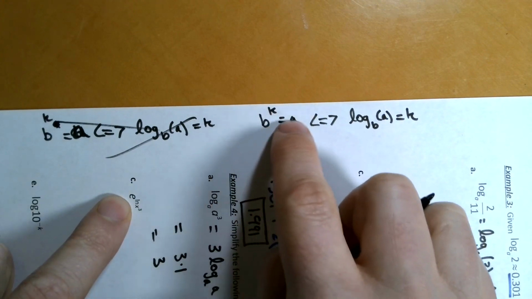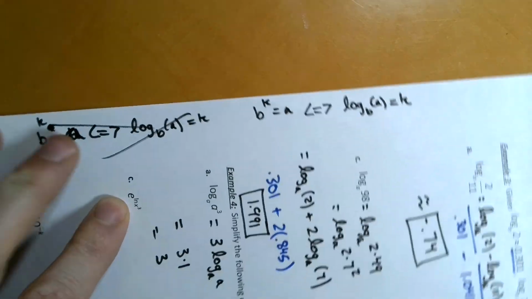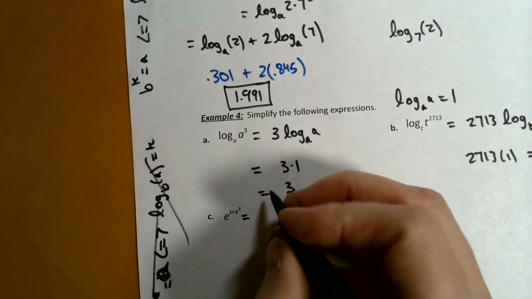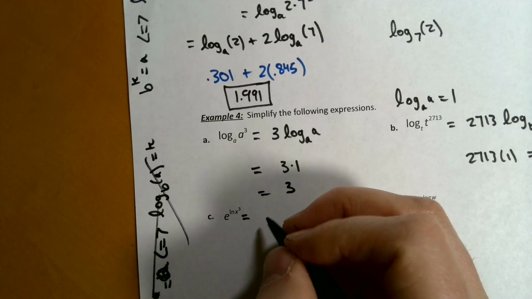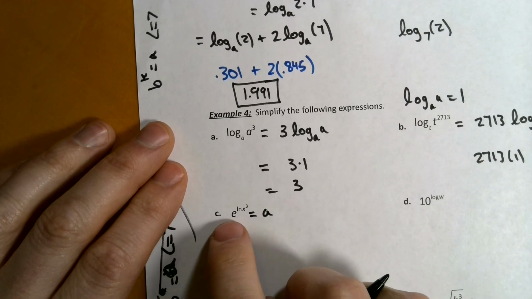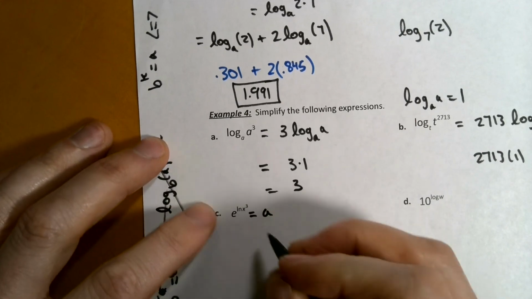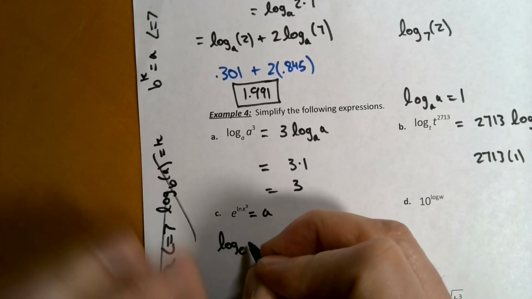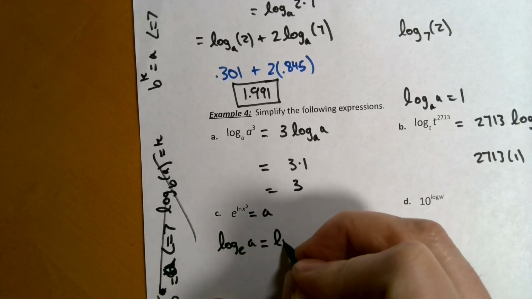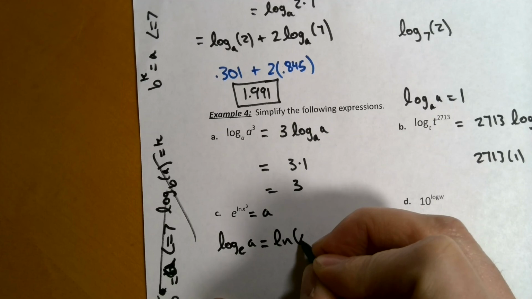So my question C is in this form. I'm going to rewrite it in this form so we can see what's happening. So note, we're saying this is equal to some value. We'll call it a. So we're going to take log, the same log as this, so log base e, which we would write as natural log, of a is equal to that entire exponent, natural log of x cubed.